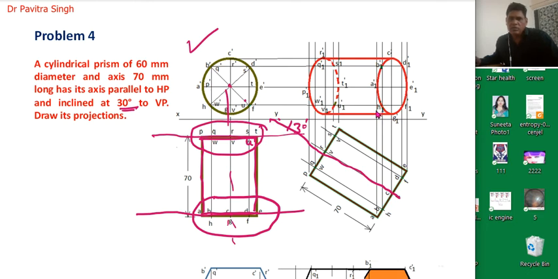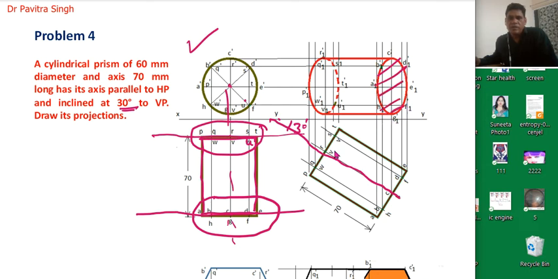Okay, so the intersection of these horizontal lines and vertical lines will give you 8 points, and we will connect all these points, so we will get this surface. Okay, so this is actually the top surface of this circular prism. So this is actually a cylindrical prism and its top surface is seen like this.